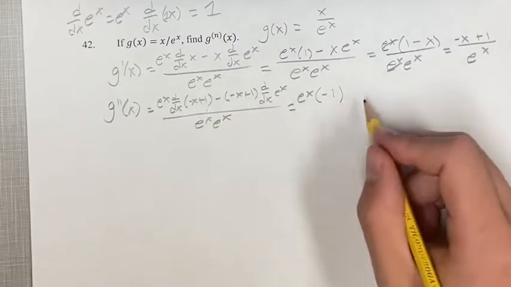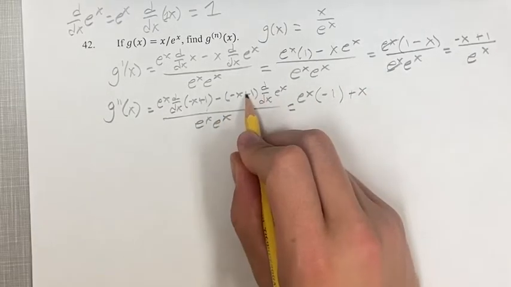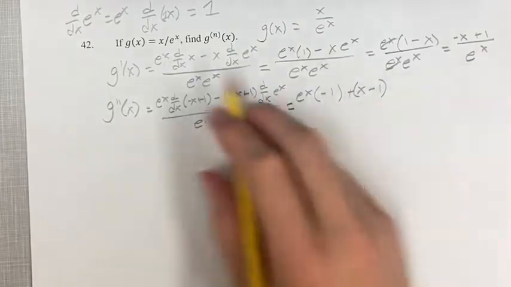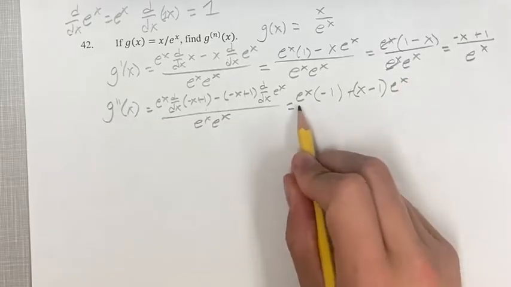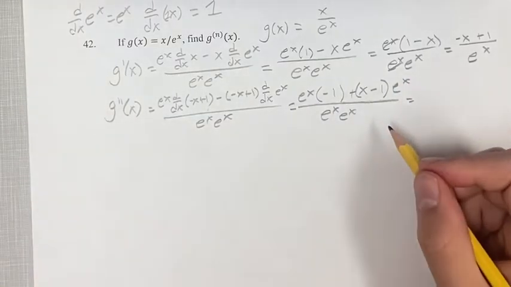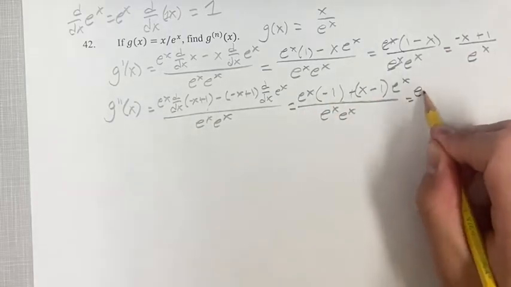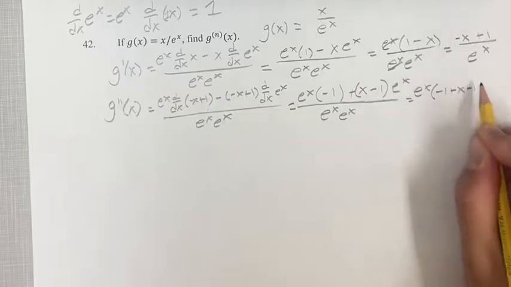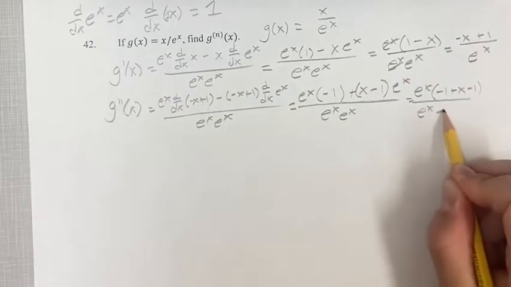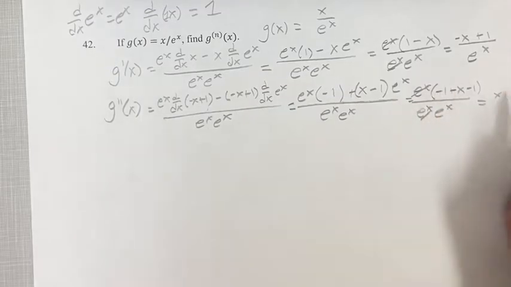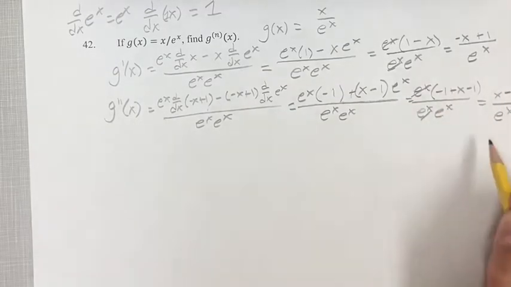Then plus x minus 1, derivative of e to the x is just e to the x, over e to the x, e to the x. Factoring again by grouping, we have e to the x times negative 1 plus x minus 1 over e to the x, e to the x. These cancel and we get x minus 2 over e to the x.